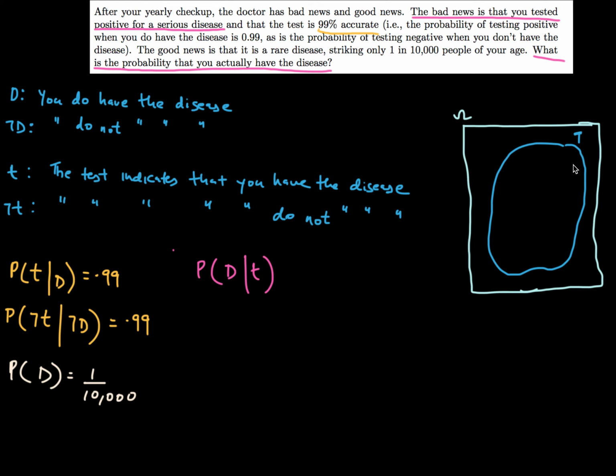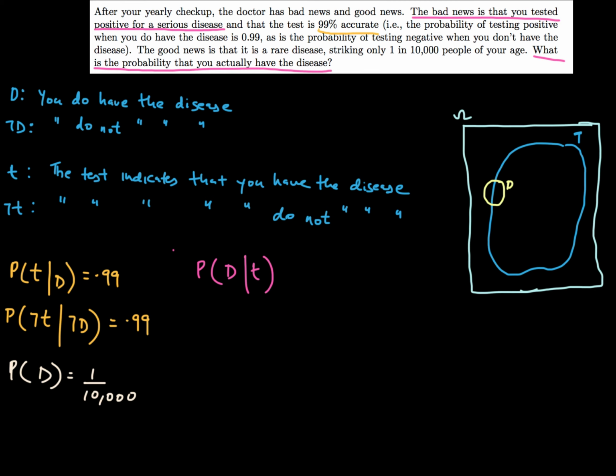I'm also going to draw a smaller set over here, and let's call this D, which is all these people that actually do have the disease. So everything outside the blue set is not T. Everything outside the yellow set is not D.